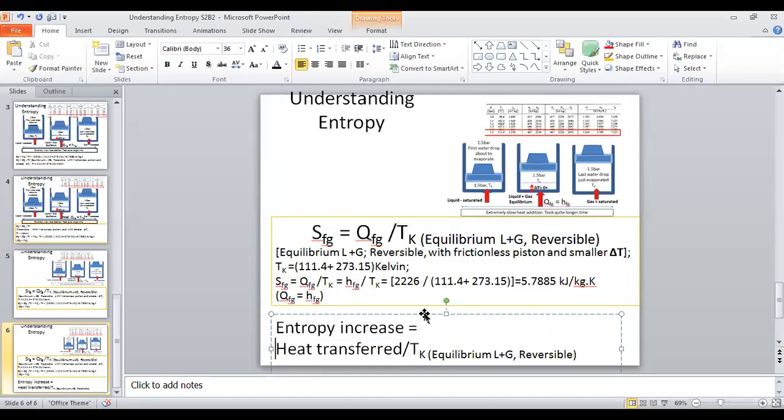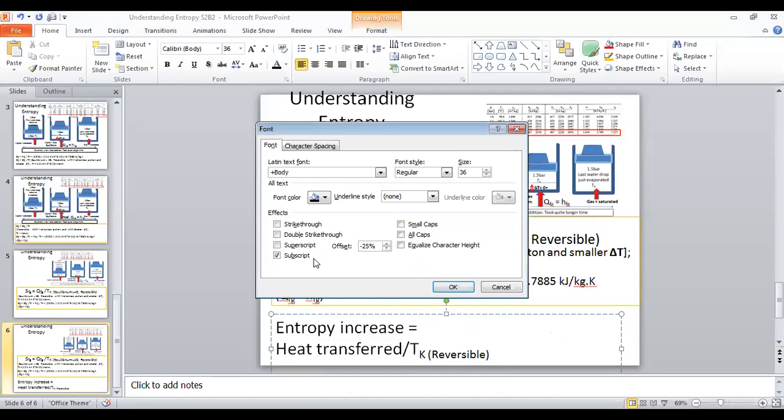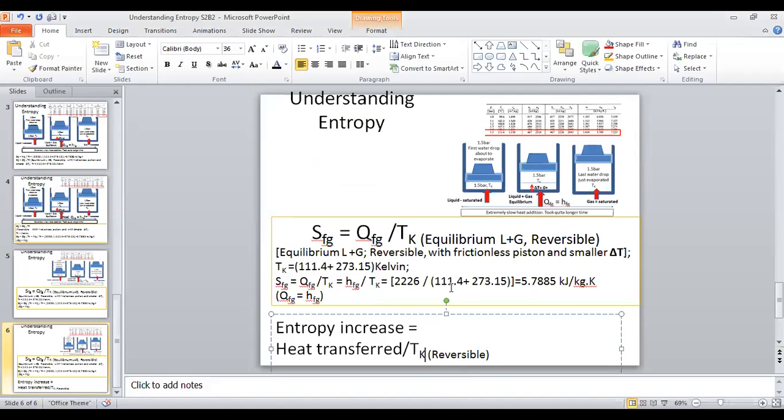Entropy increases: heat transfer divided by TK, reversible. Reversible, that is very important. So let's see how I'm going to rewrite this. TK, reversible.